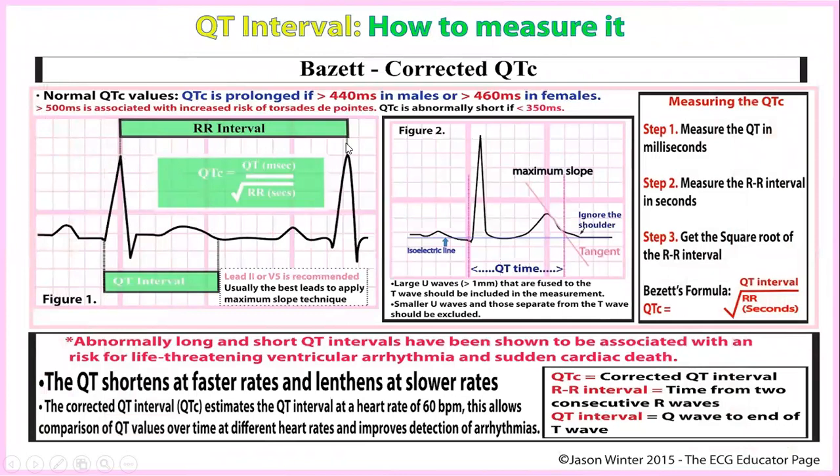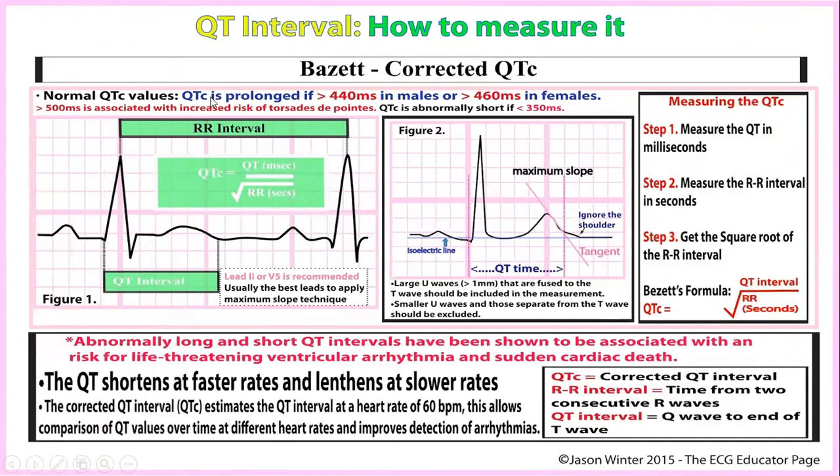Now that you've determined your RR interval and your QT interval, you'll be able to calculate your QTc using this formula: you take your QT interval in milliseconds, divide that by the square root of your RR interval in seconds, and that's going to give you a corrected QT interval.